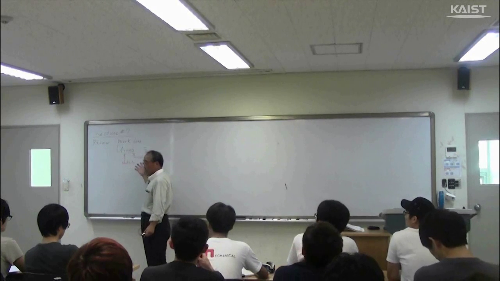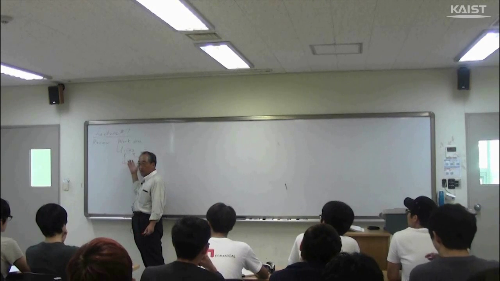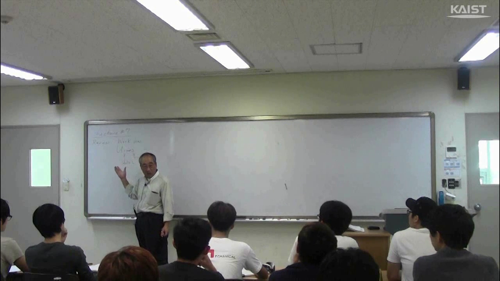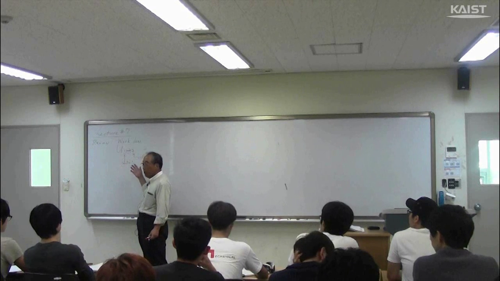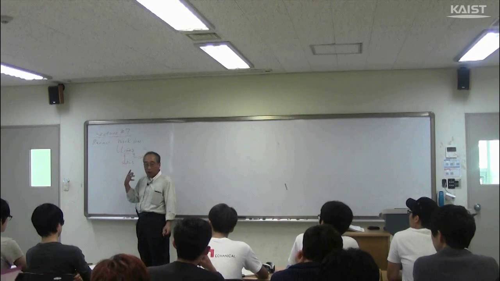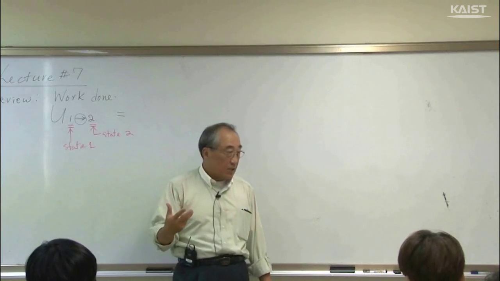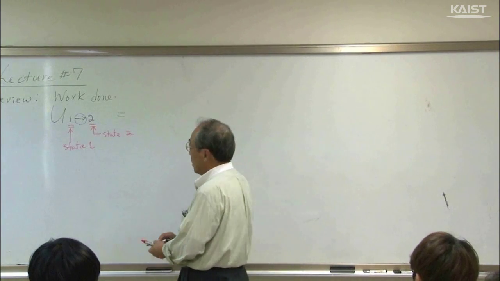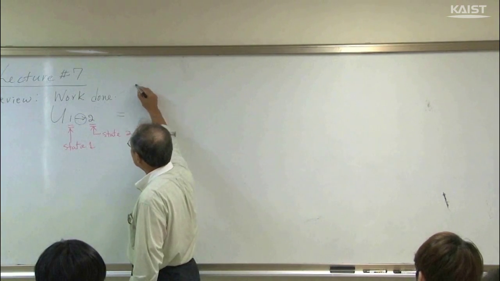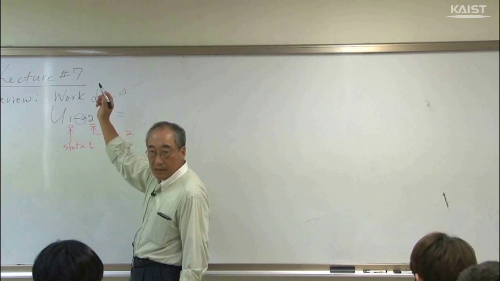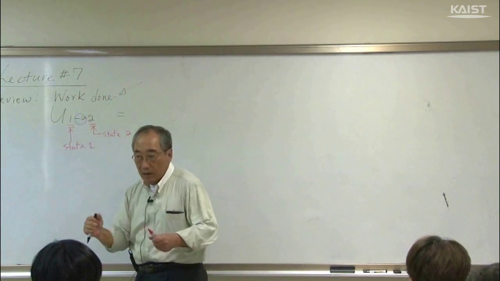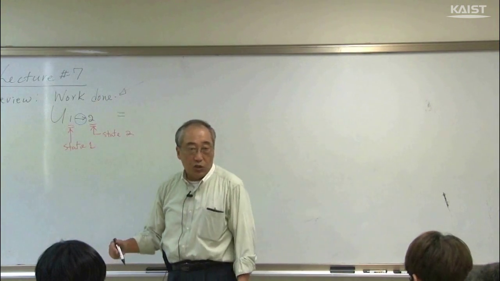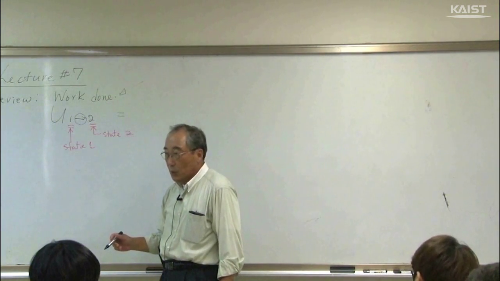Now let's try to express the meaning that it contains in this notation into a more physically sensible expression. Okay, work done physically means what? I am doing work here, not this kind of work. The definition of work done is what?